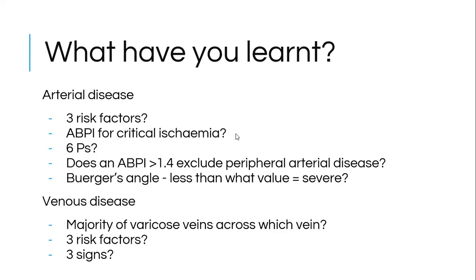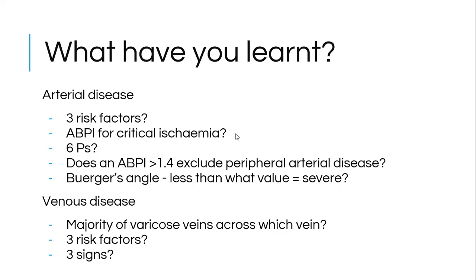Right, does an ABPI more than 1.4 exclude peripheral arterial disease? Nope, good stuff. It can be calcified, so you can't squish it. Right, Berger's angle, less than roughly what angle is associated with severe arterial disease? Less than 20 degrees.